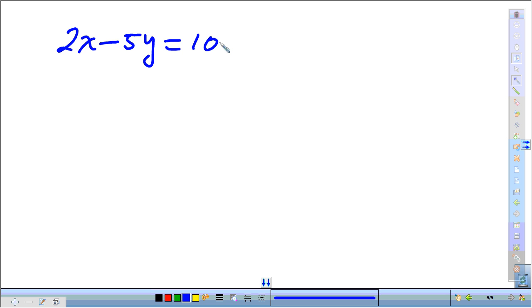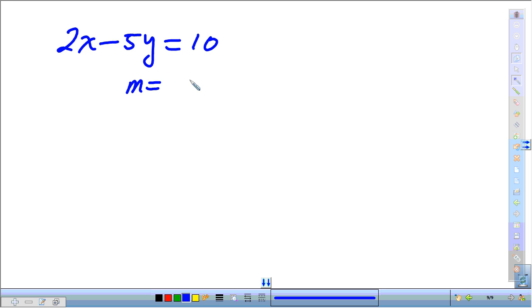So if we go back and look at an equation like 2x minus 5y equals 10, there's a way to look at this slope in that form.